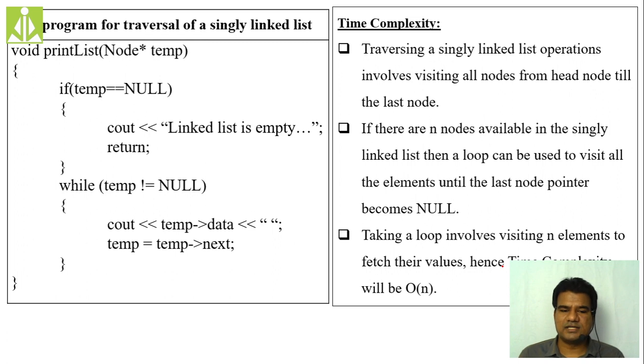So to do the traversal, first of all we have to pass the head node to that print list function, and using that head node we create our temporary pointer inside our print list function, and using that only we are going to do the traversal.